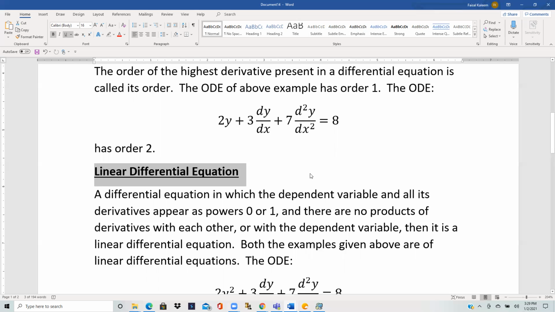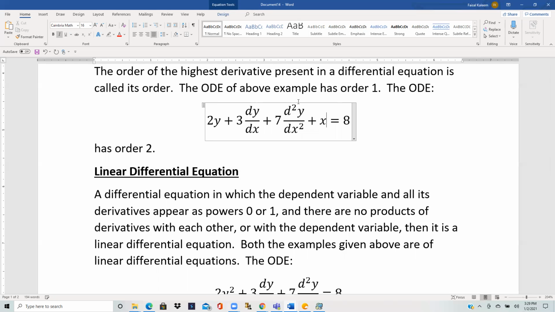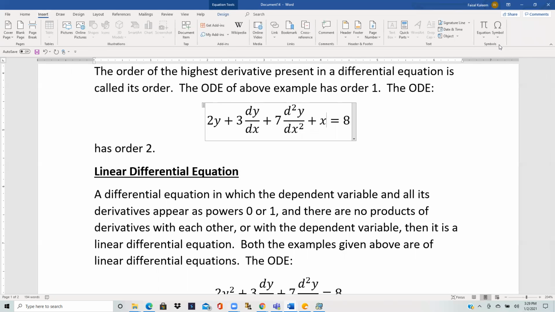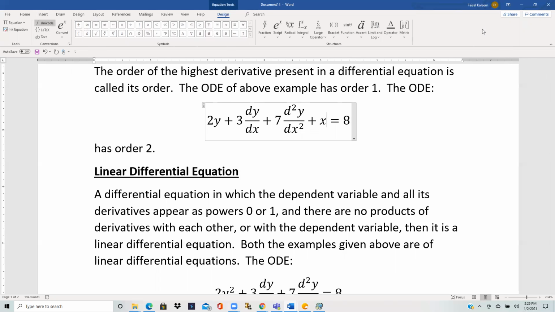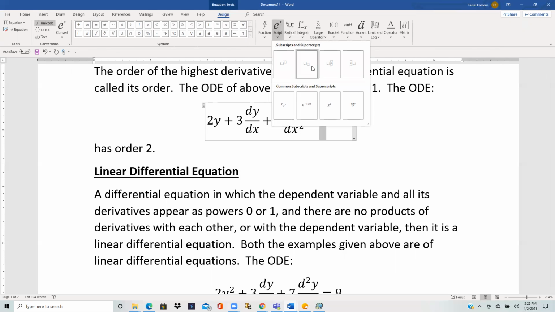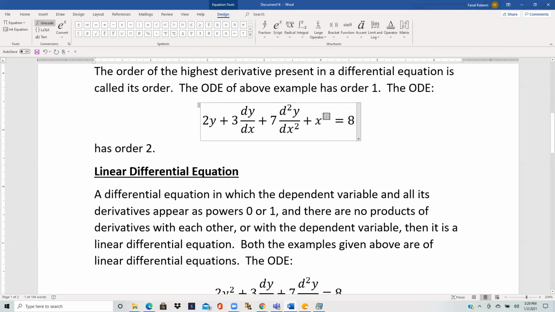Now the independent variable is fine. So for example, if I add an x cubed to this one, it still is a linear equation, because although x is appearing to power 3, which is not 0 or 1, x is fine, because our definition only requires the dependent variable to appear to power 0 or 1.